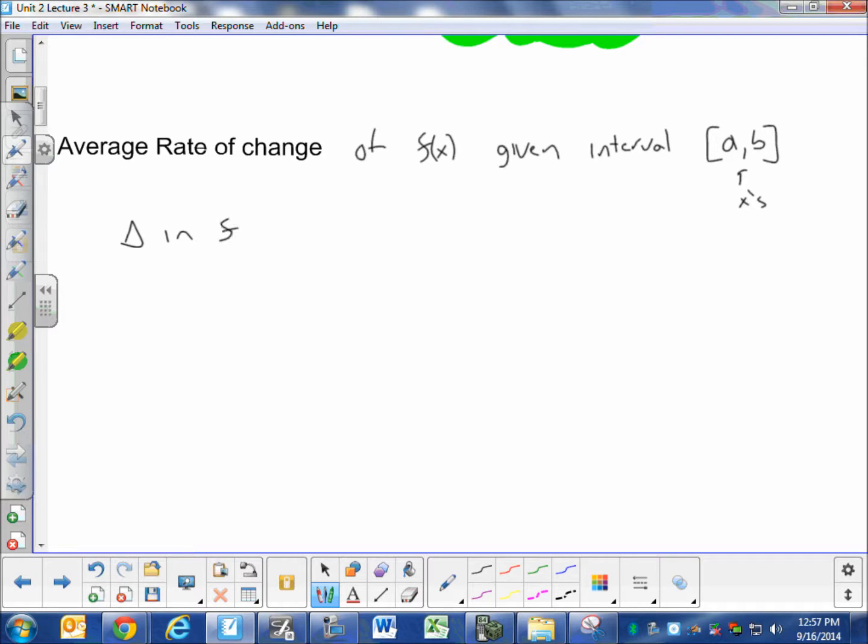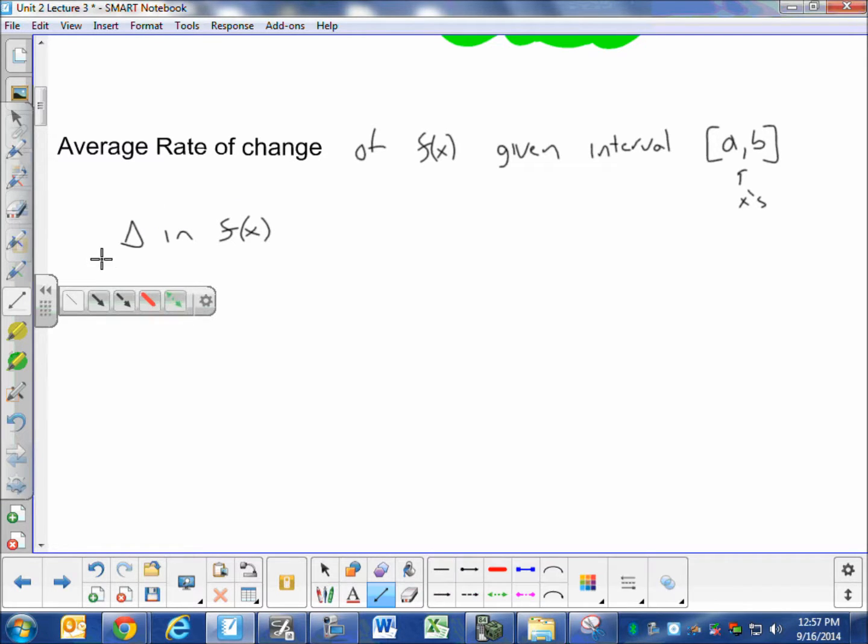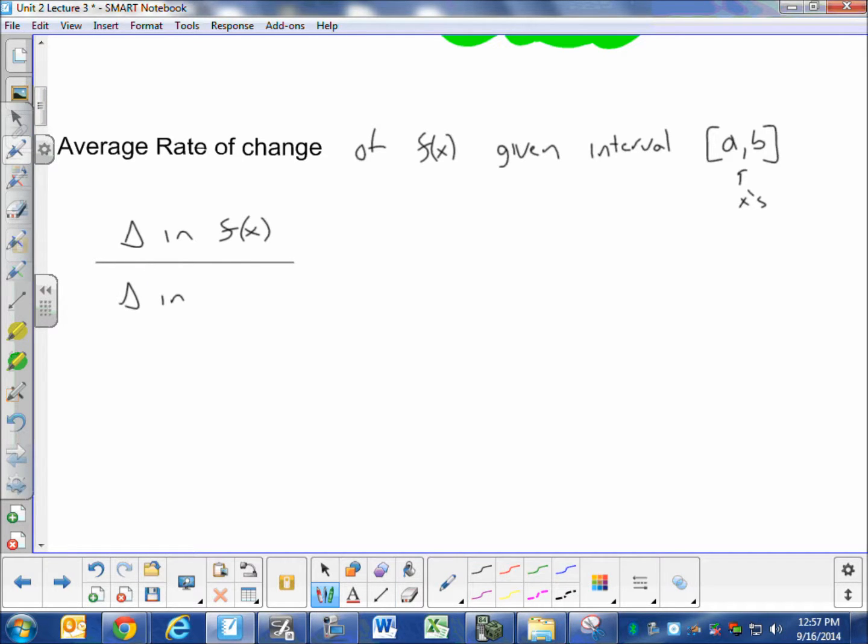Change in your function divided by the change in your interval. Well, what's that the same as? Yeah, it's the same as the slope. This is really equal to that slope equation that I was talking about. This would represent the change in my function, and this would be the change in my interval.